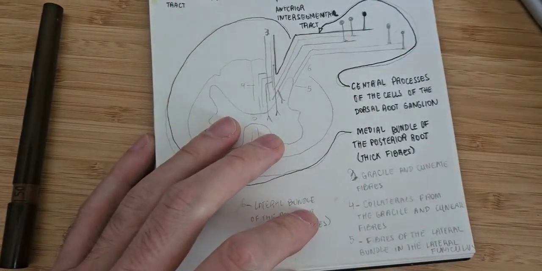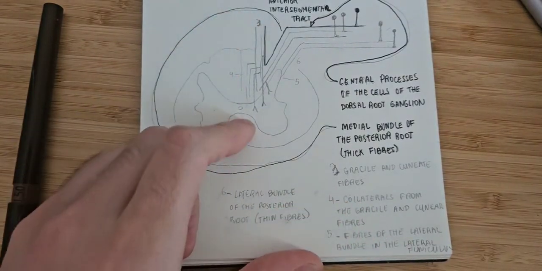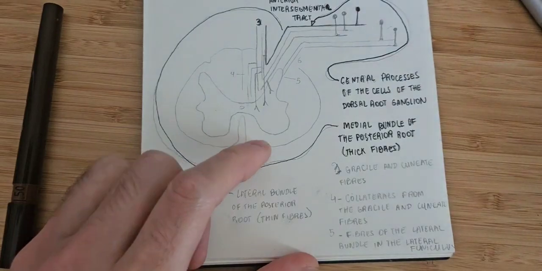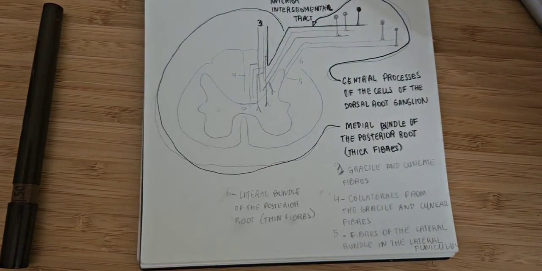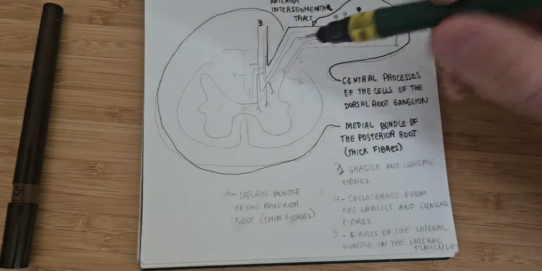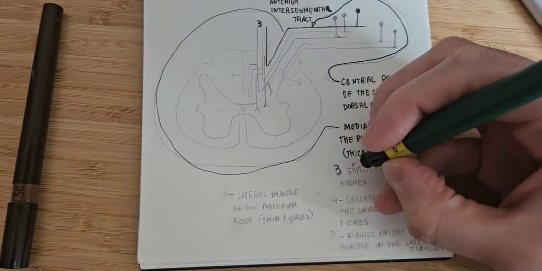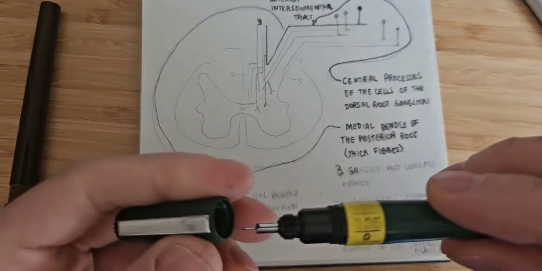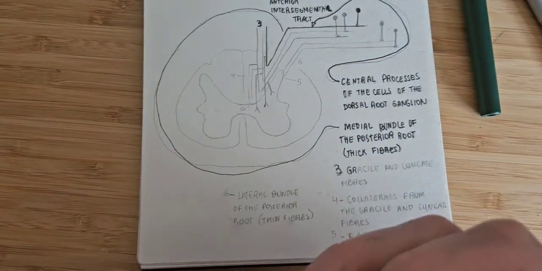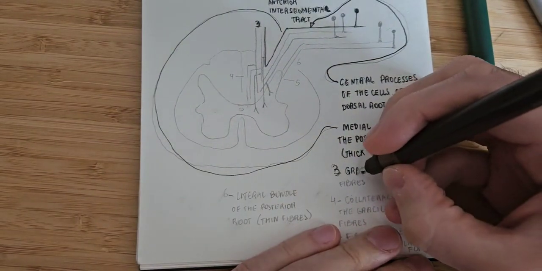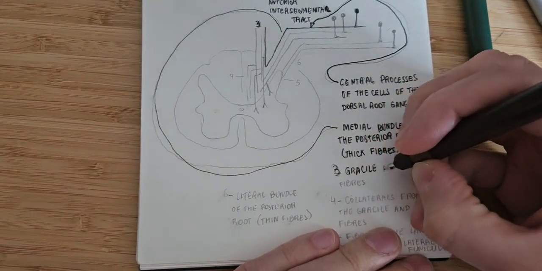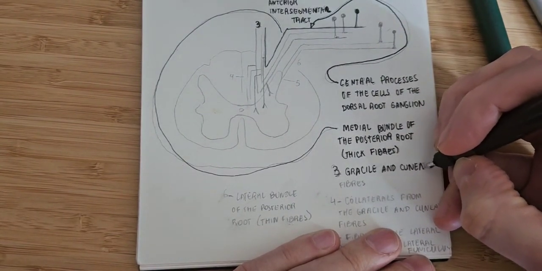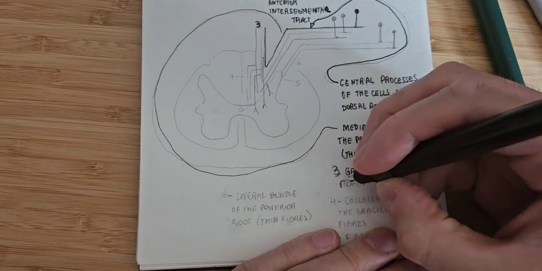So the next one, this one here, okay? Gracile and cuneate fibers.